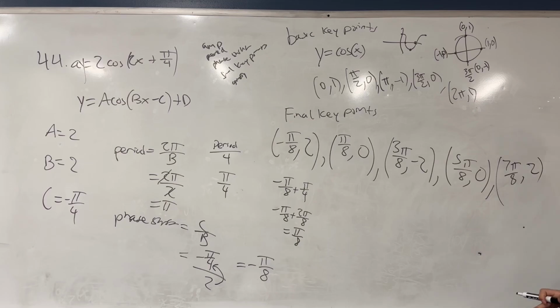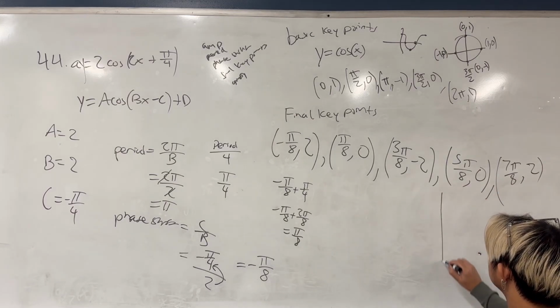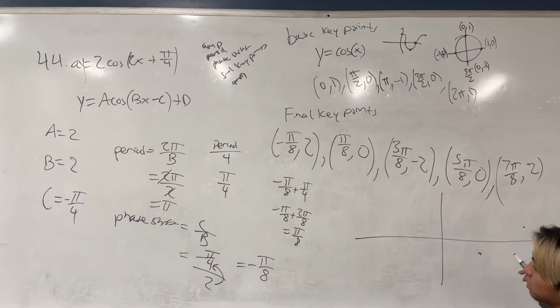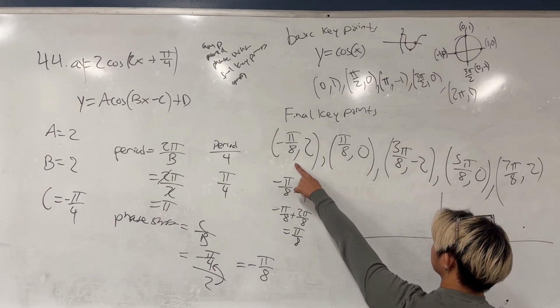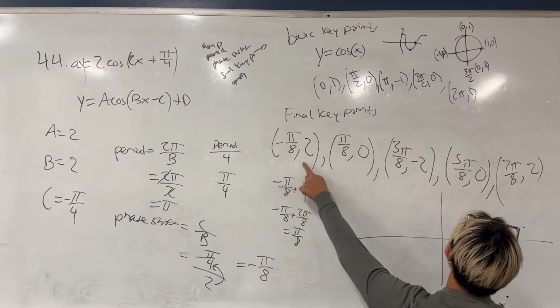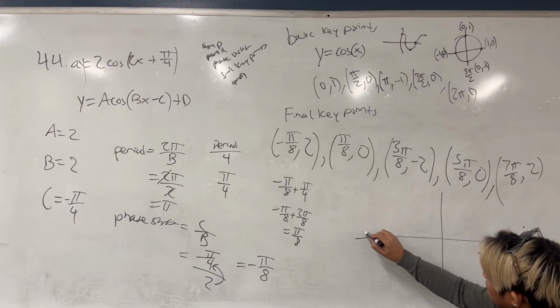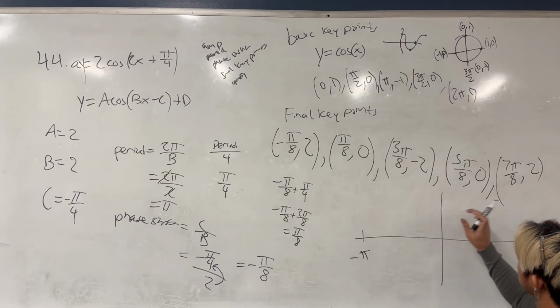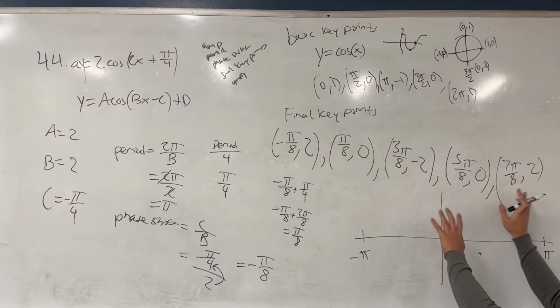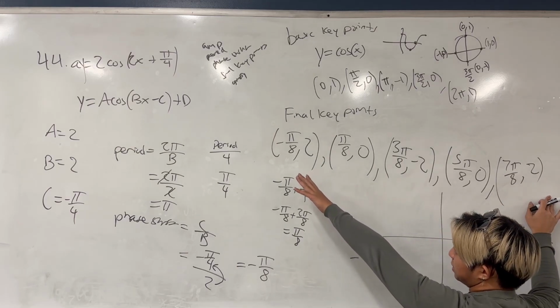Boom. And now to graph it out. Let's do something like this. Okay, so our first point was negative pi over 8, and our last point is 7 pi over 8. So I'm going to do pi here and negative pi here, because this does not complete a whole pi, and this doesn't complete a whole pi either.